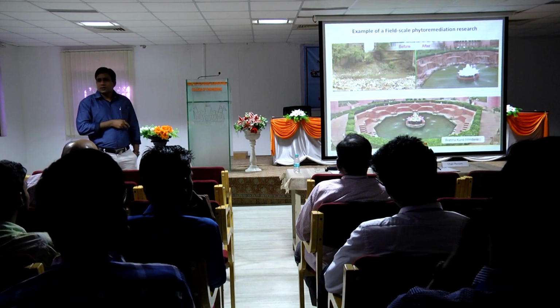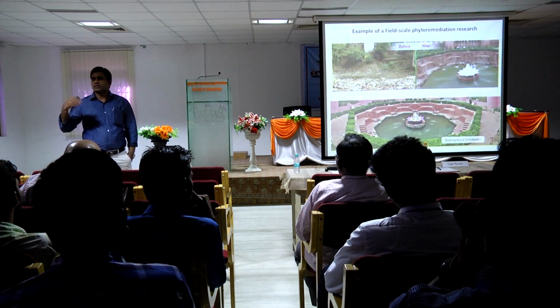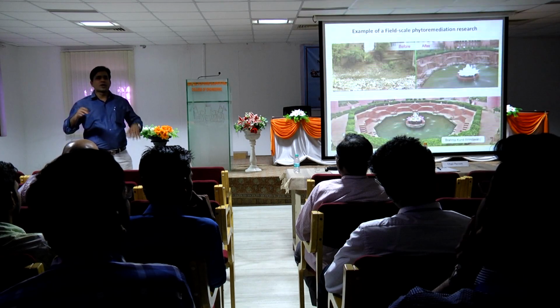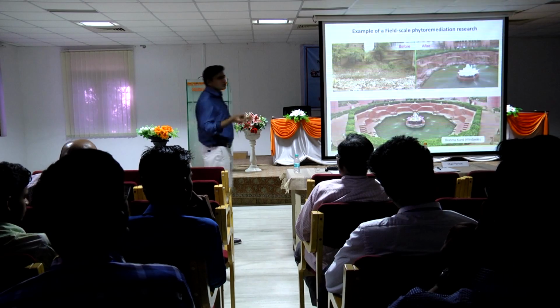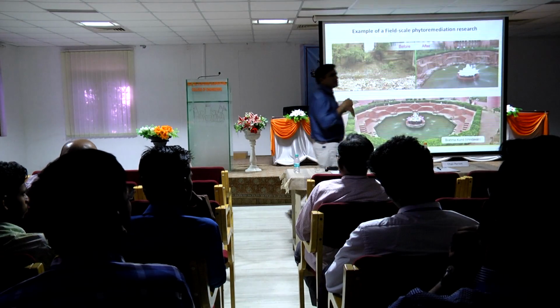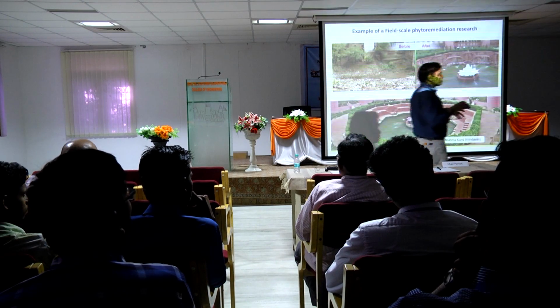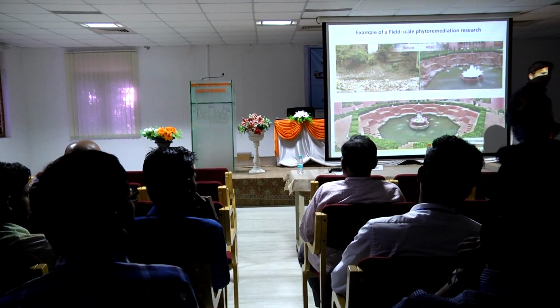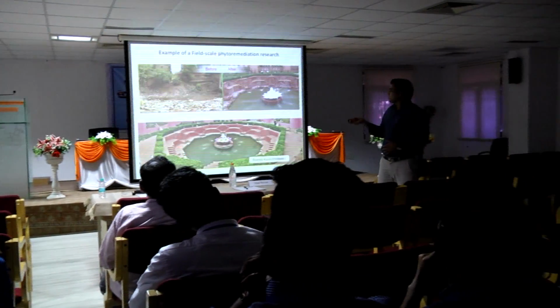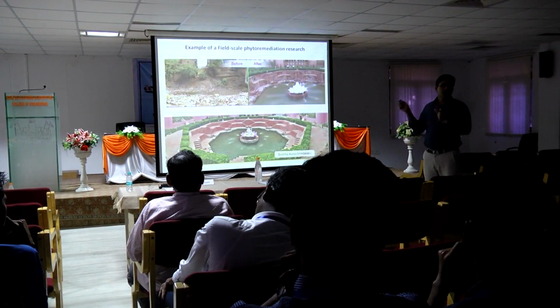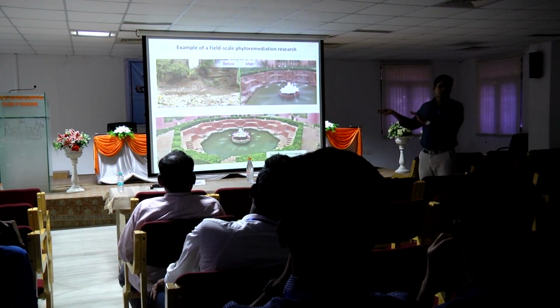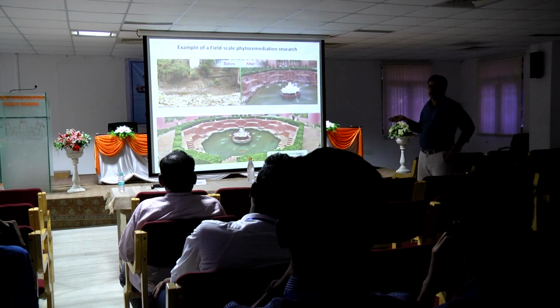The purpose of the sprinkler system is not for aesthetic reasons, but to provide extra oxygen. If the dissolved oxygen is more, we can expect the natural attenuation or bioremediation to be faster. The role of plants, along with the electron acceptor in the form of oxygen, was able to improve the water quality in this pond, and now it is looking like that.